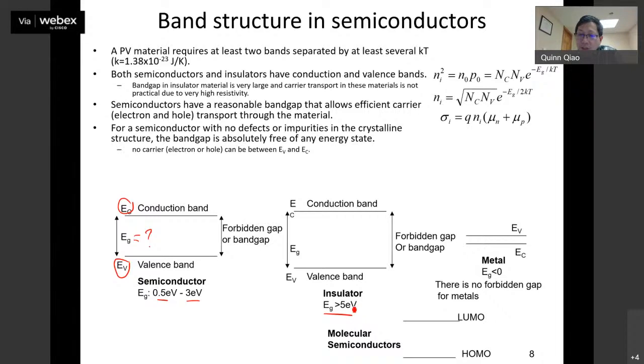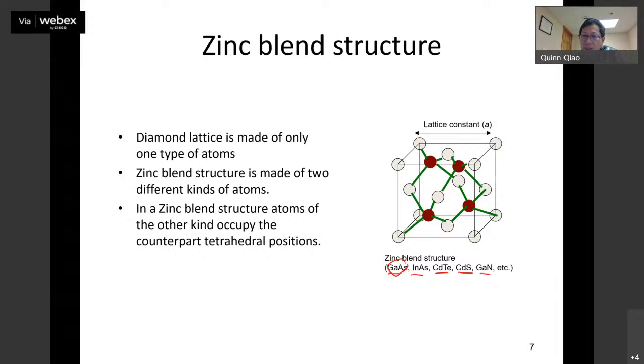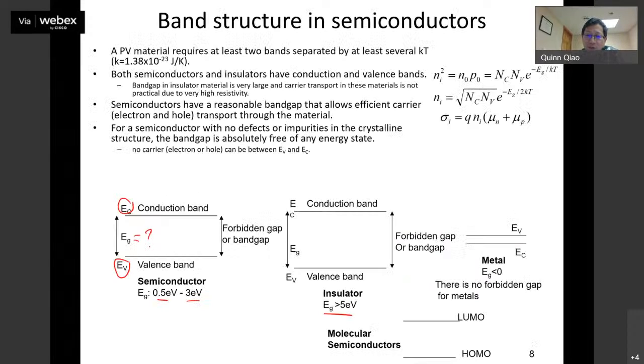If the band gap is around 0 or smaller than 0, even negative, then you call that a conductor or metal. This is typical for inorganic semiconductors, like silicon, germanium, gallium arsenide, silicon nitride. Silicon nitride is probably an insulator. And also gallium nitride, cadmium sulfide, all this.